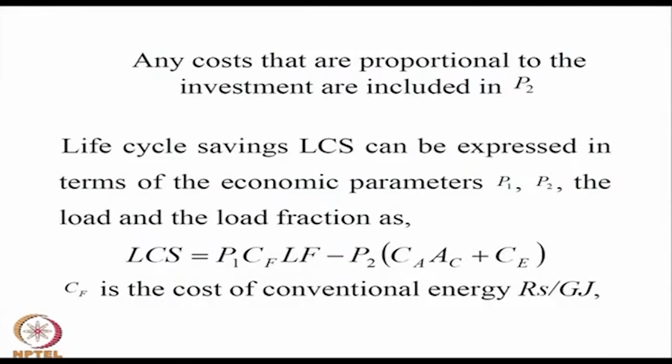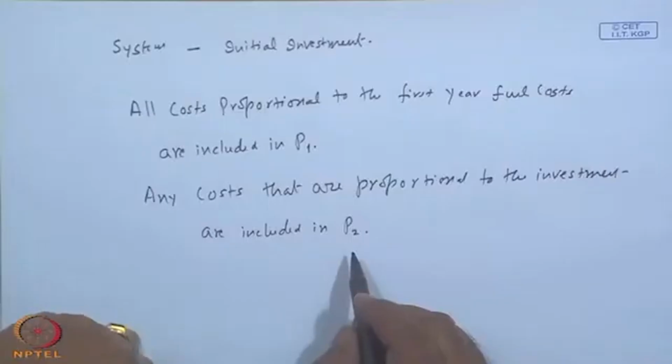If the investment is larger, the 10% will be larger. If the depreciation is more, the final value will be less. If the inflation of the system is higher, my final value will be higher. They are all included in P2.